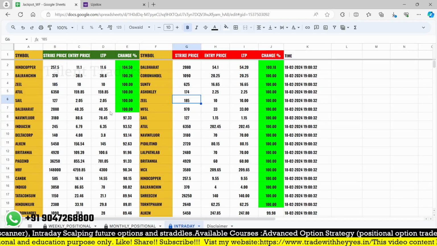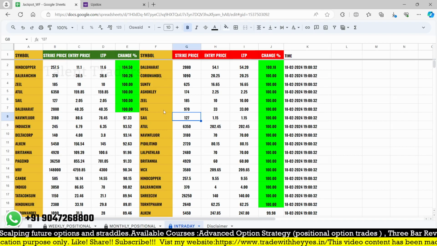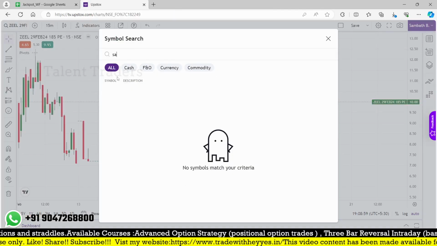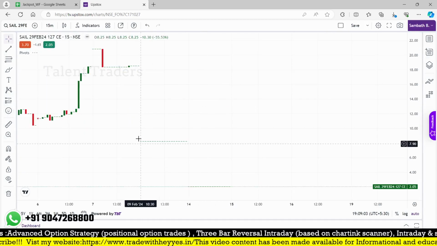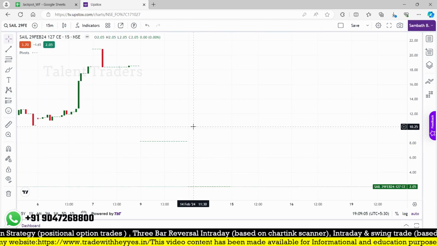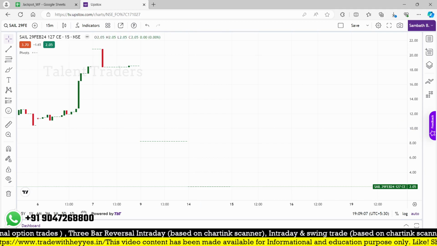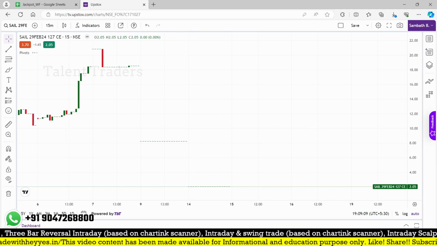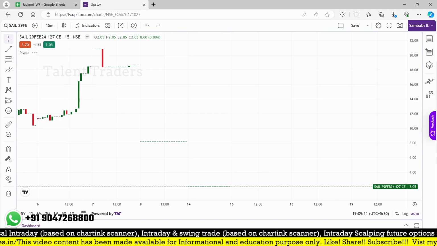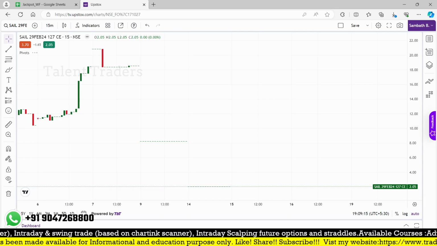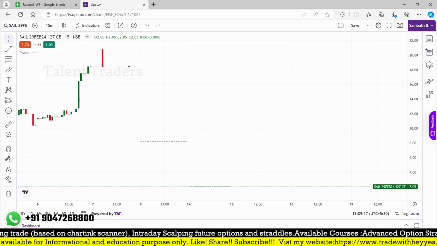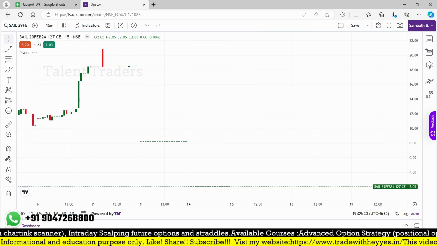And something like that, 127, simply not liquid. Apart from this, we find opportunities from this list. Before placing trades in stock options, you need to be very careful that the stock has very good liquidity, good volume and a small bid-ask spread.